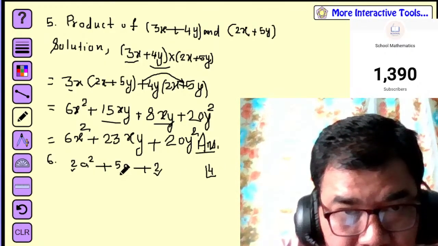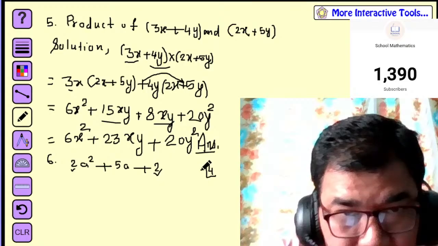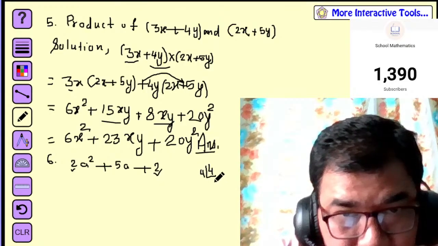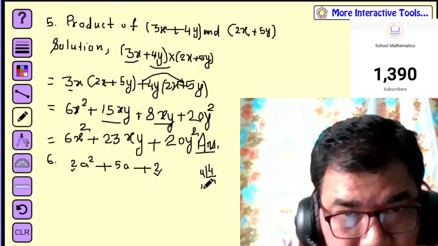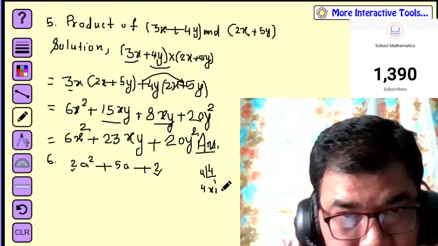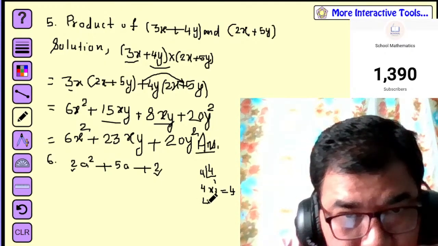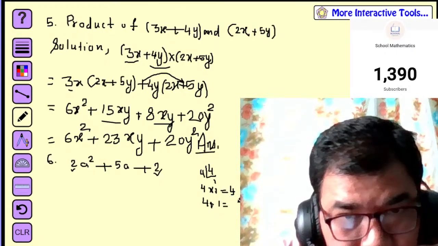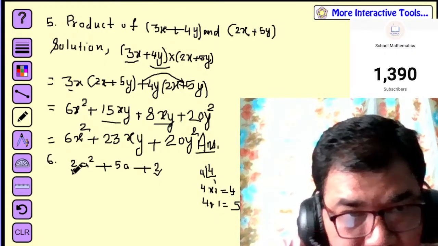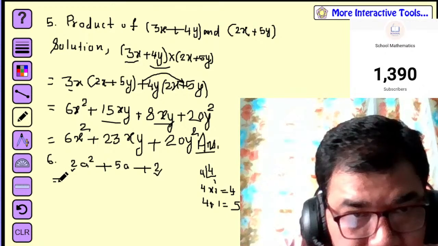Then let's factorize 4, and we need two factors like this. 4 ones are 4, and we know 4 plus 1 is 5.